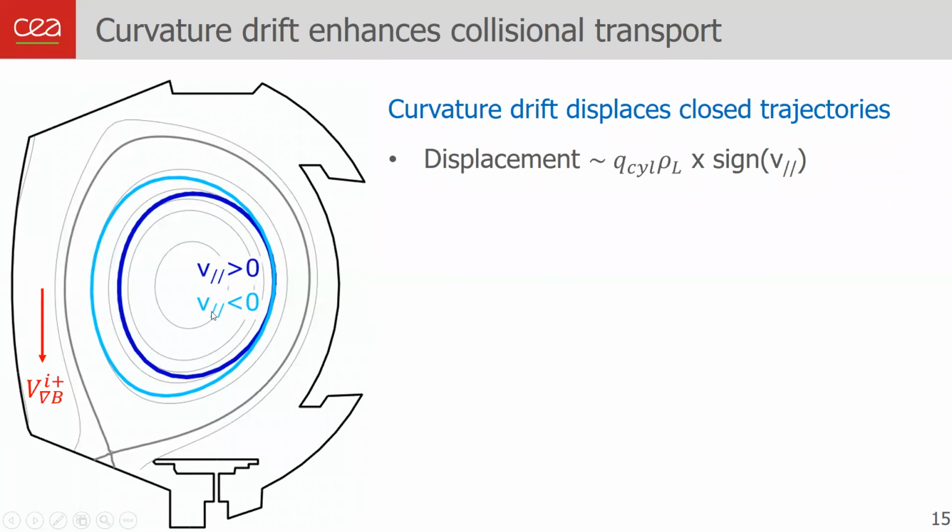Now, if the particle moves in the other direction, it will experience a displacement outward of its ideal trajectory. The displacement between the two is in the range of the safety factor, which is the helicity of the magnetic configuration, times the Larmor radius, times the sign of the parallel velocity.